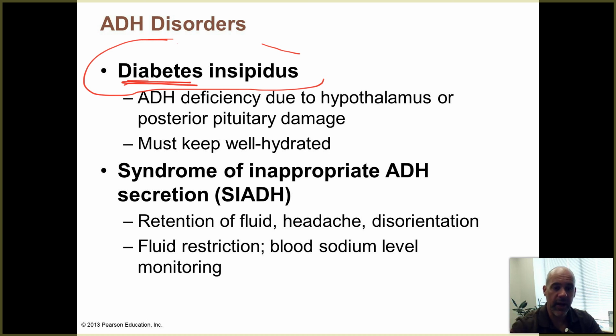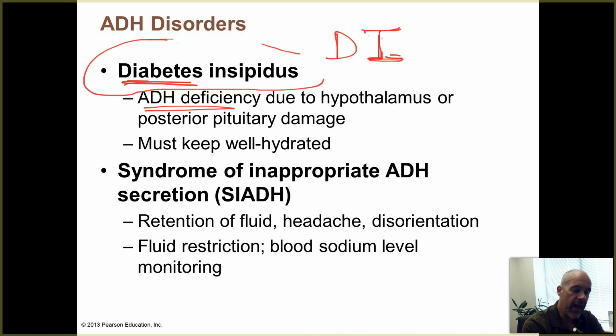Okay, and so people who have the types of diabetes where they experience problems controlling their blood sugar levels, they also tend to pee a lot. But diabetes insipidus is an ADH disorder that causes patients to pee a lot. This can also be called DI as an abbreviation, diabetes insipidus.